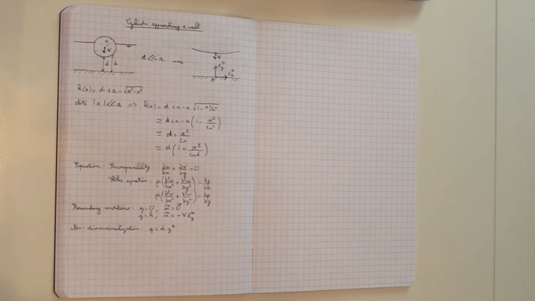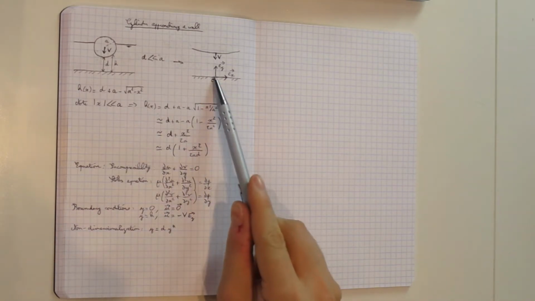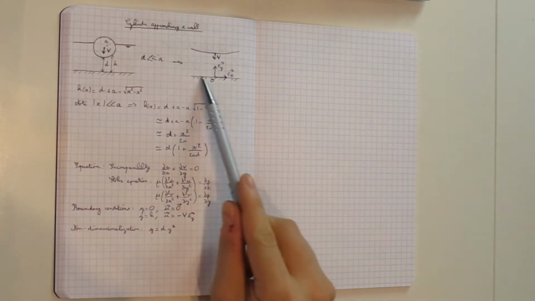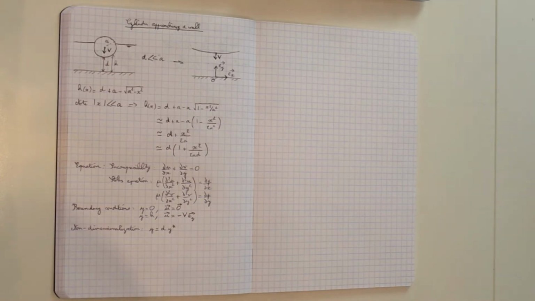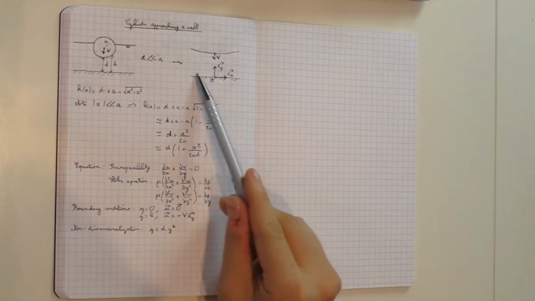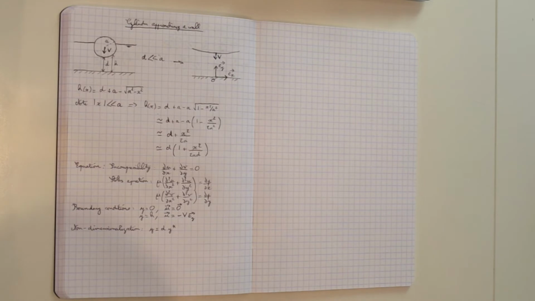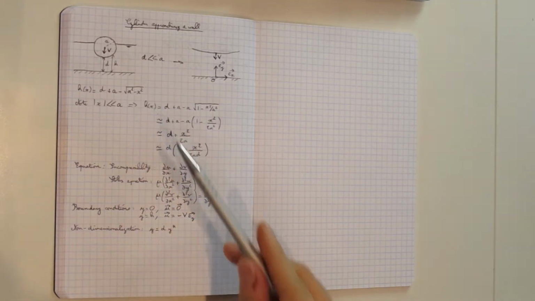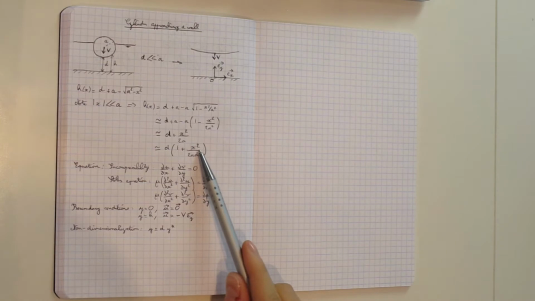Then we need to think about what to do for the x direction, because we don't have anything that tells us what the length scales for the flow in the x direction are by just looking at the problem this way, except that we've written this equation for h here that involves an x.